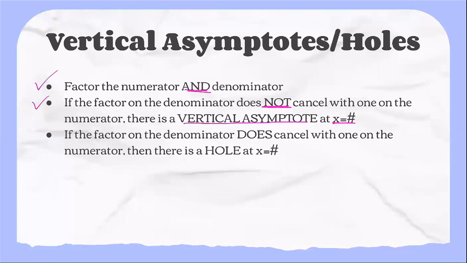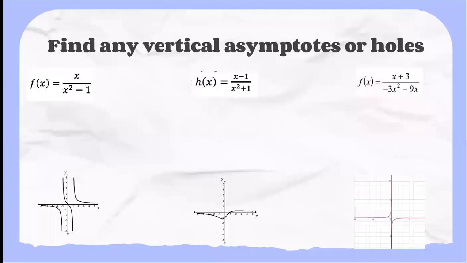So it's going to be a vertical line. That's why it's x equals whatever number would make the factor equal 0. If the factor on the denominator does cancel with one on the numerator, then there's a hole at that value.